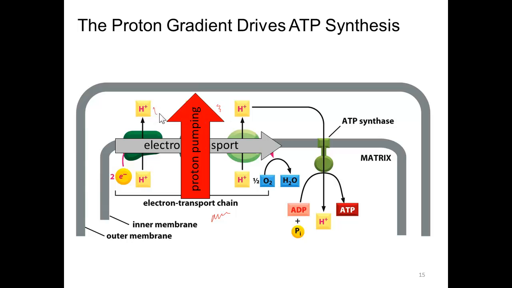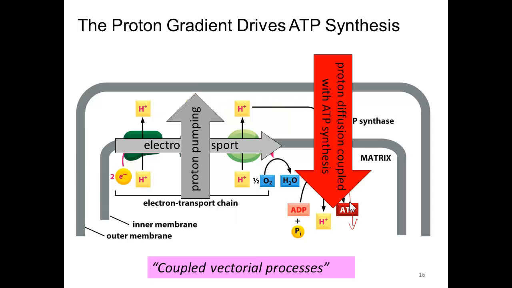The excess protons are free to diffuse in this space. Protons will diffuse down their electrochemical gradient through a protein called the ATP synthase, and that's what's driving the synthesis of ATP. So the coupled vectorial processes are electron transport, proton pumping, proton diffusion.